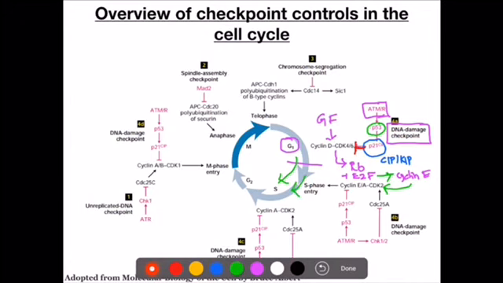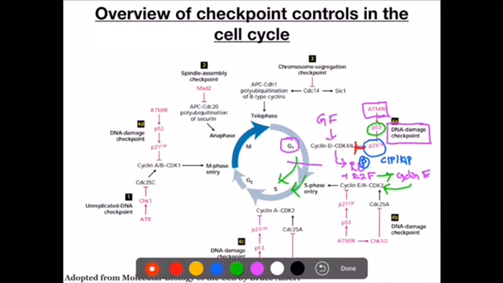So for this, RB phosphorylation is important. Phosphorylation of RB enables binding of E2F to chromosomes, and binding of E2F to chromosomes synthesizes cyclin E, and this cyclin E is required for CDK2 activity, and the cyclin E-CDK2 complex can promote the cell from G1 to S phase.